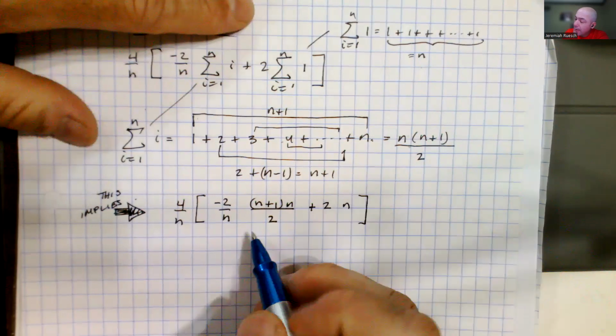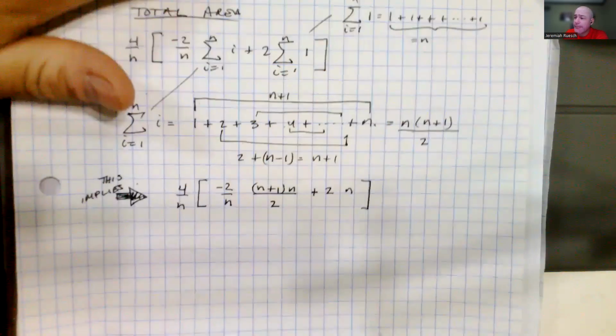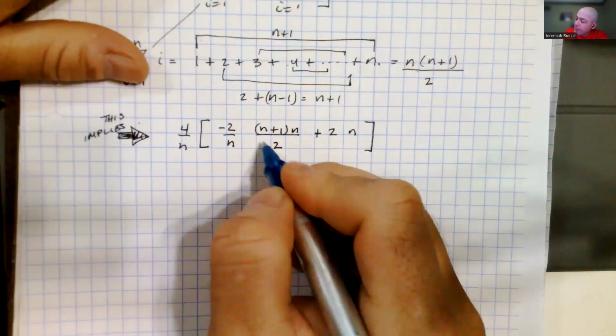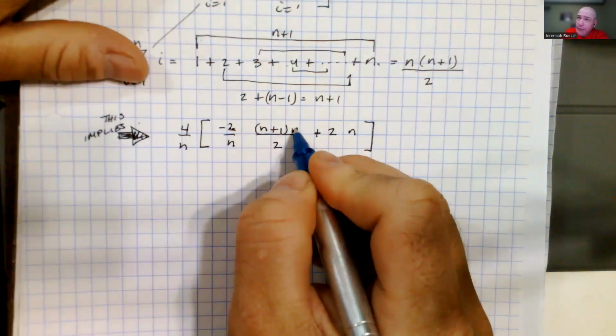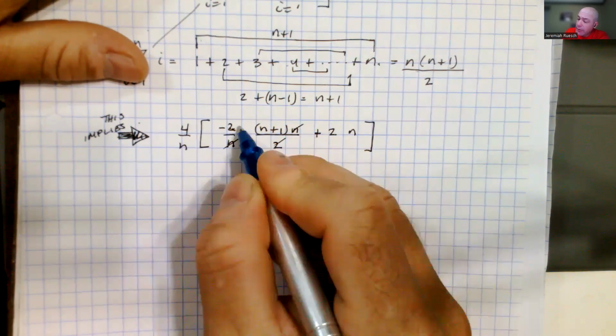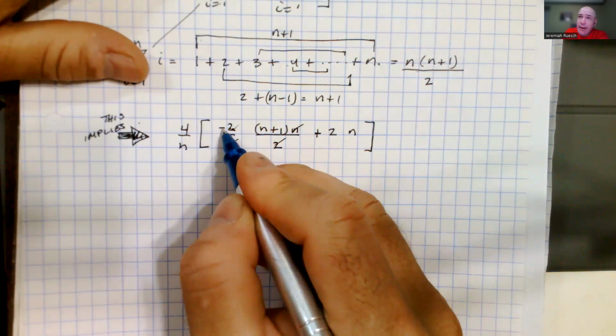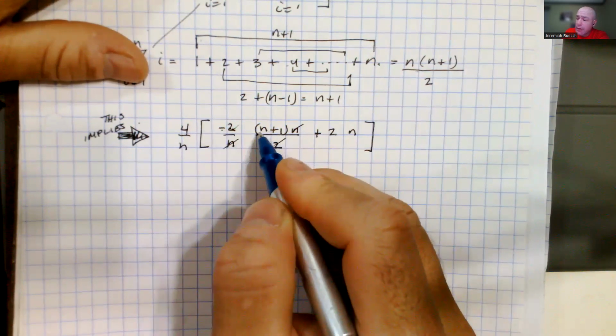Okay. And now we're going to simplify a bunch of things. You'll notice that the 2 and the negative 2 here cancel. And look, I have an n factor and an n factor, so those are going to simplify out. And so I just have a negative that's going to be distributed to the plus 1 and the n here.